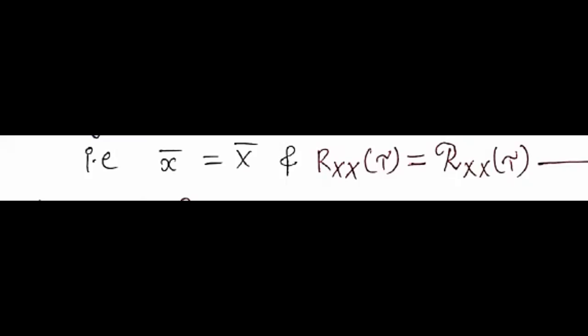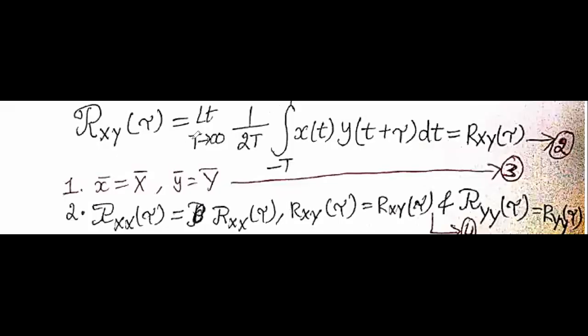Just wait, I will show you the formula. Okay, see. So this is the mathematical representation of jointly ergodic. Here the time cross correlation function is equal to the statistical or ensemble cross correlation function. So this is the one: small Rxy of tau is equal to capital Rxy of tau.